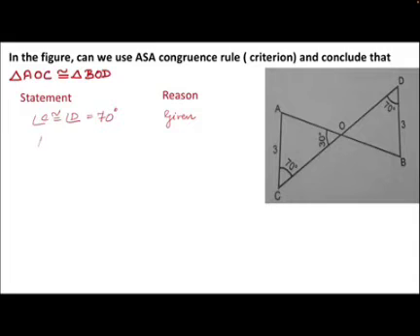Also, angle AOC is congruent to angle BOD, children. How do we know? Vertically opposite angles are always equal. Where are they? They are here and here. So I can say this is also 30 degrees. Next one.